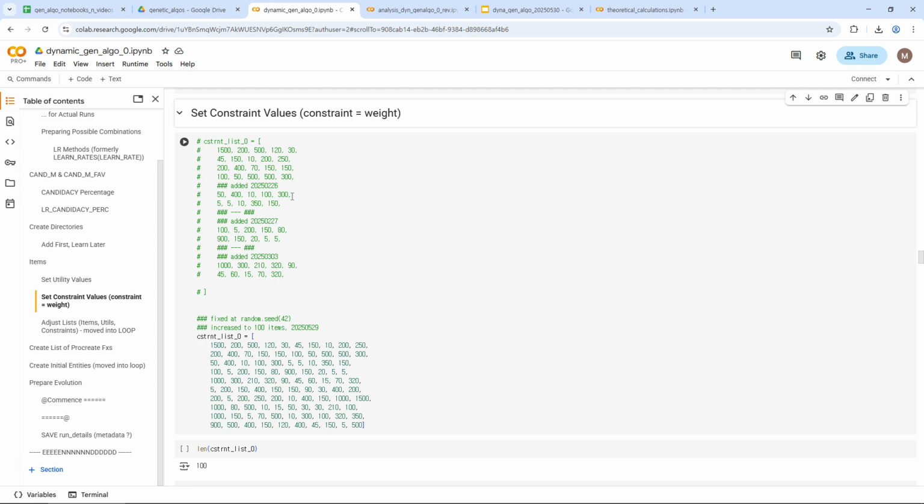The learn rate method is proportionate tail, and the candidate method is exponential tail, and the candidate percentage is 0.2. And every entity here has individual mutation rates according to their rank in the world in that generation. And here we go.